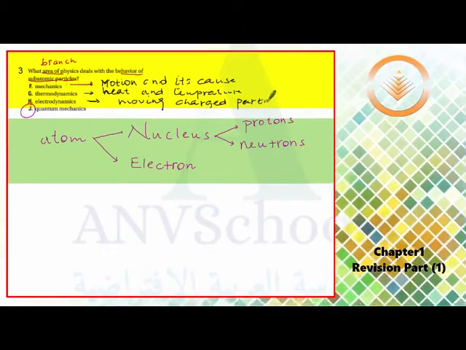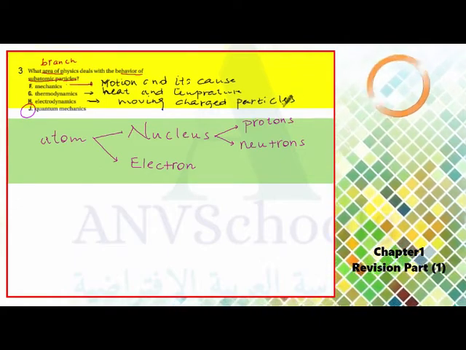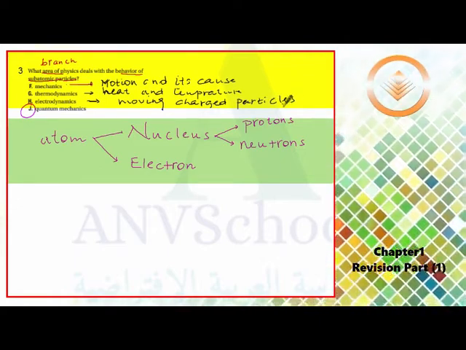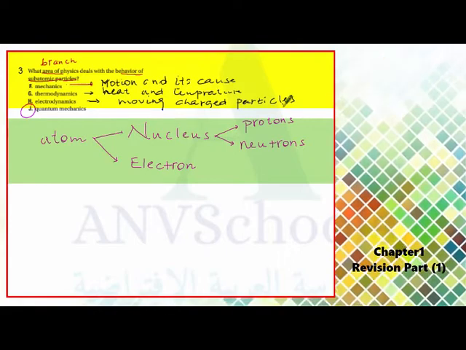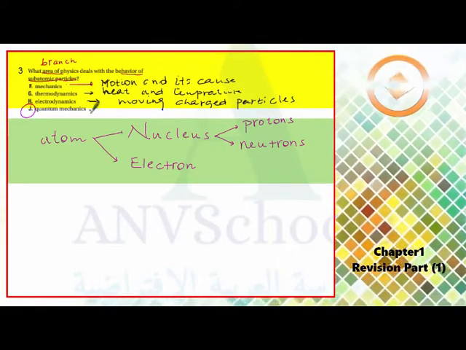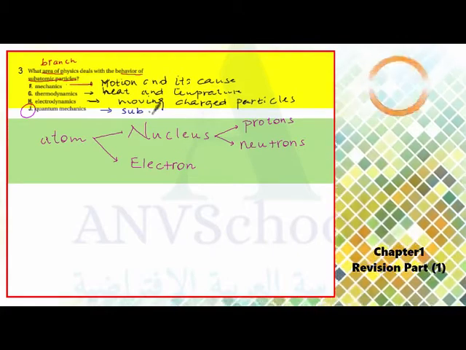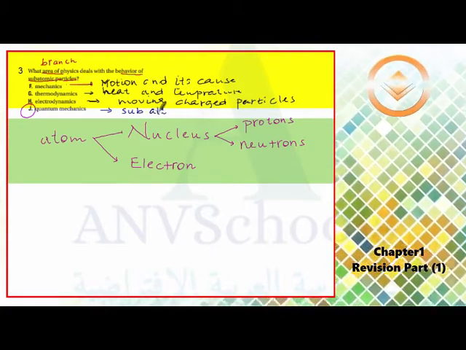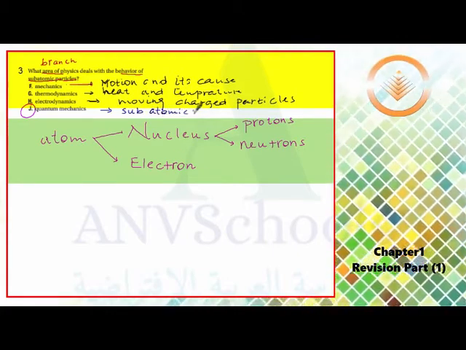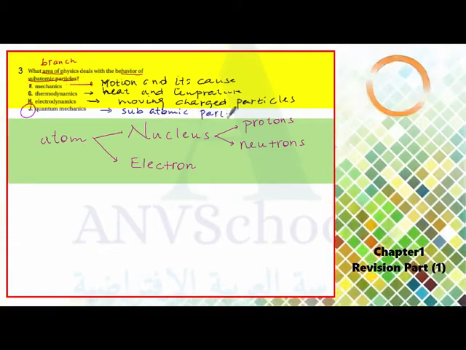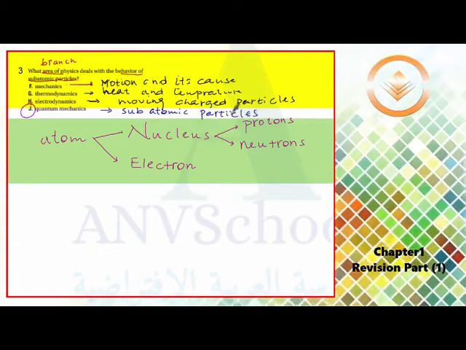So a branch of physics that studies the motion of this charged particle is called electrodynamics. And the fourth one is quantum mechanics. This studies the behavior of the subatomic particles, how they look. So these are the different areas or branches of physics.